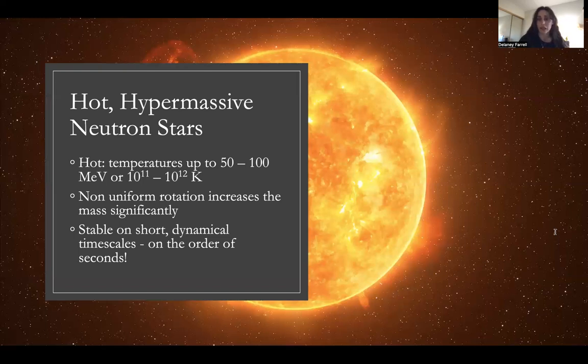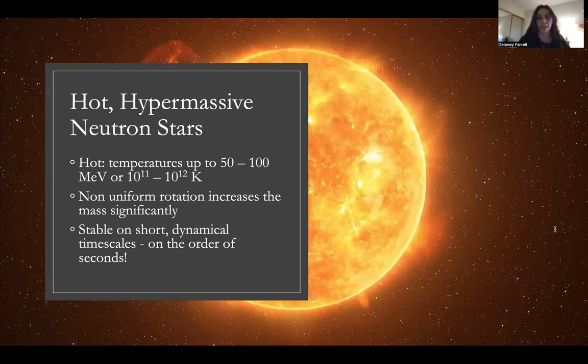And due to these strange factors, these hot and hypermassive objects are only stable on short dynamical timescales, really only on the order of seconds, before they settle either into a more stable configuration or they collapse into a black hole. So this project as a whole has two parts.